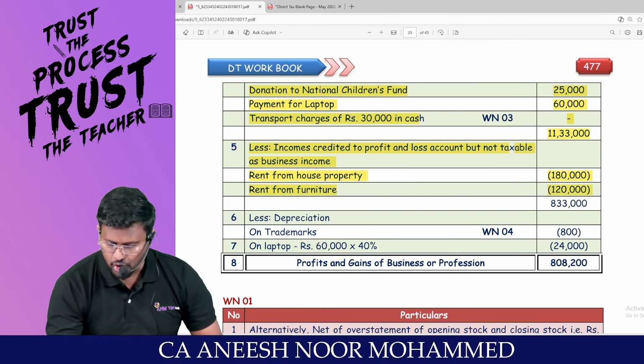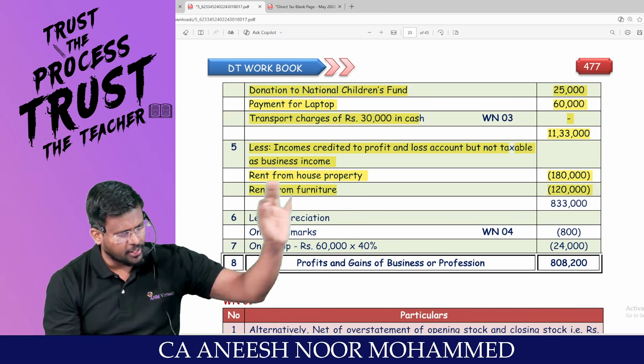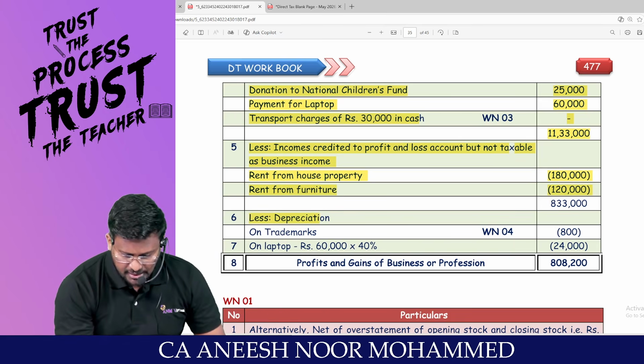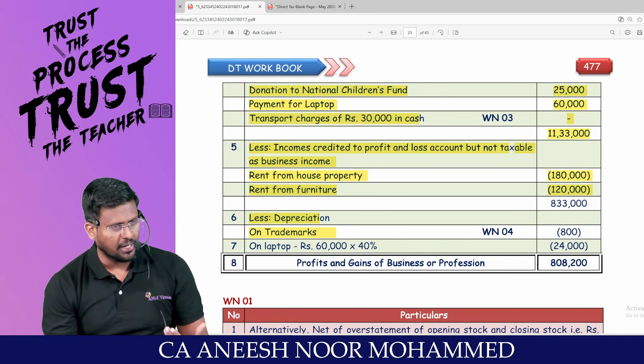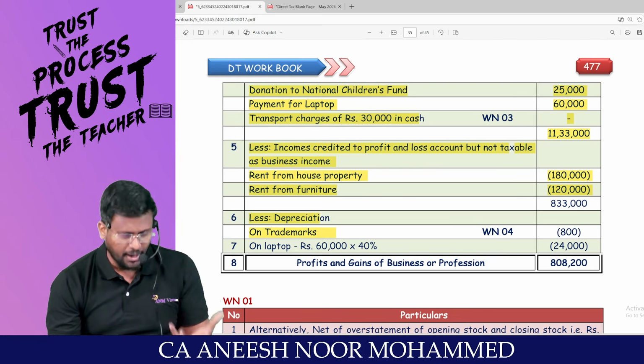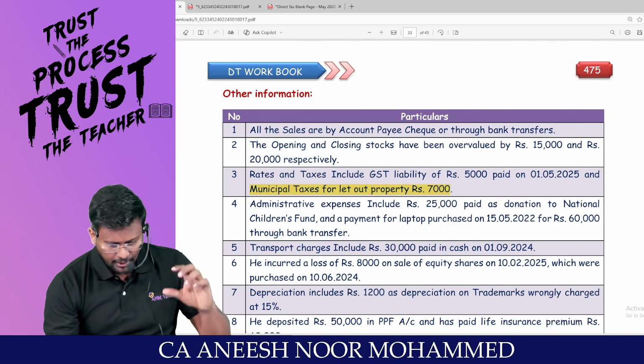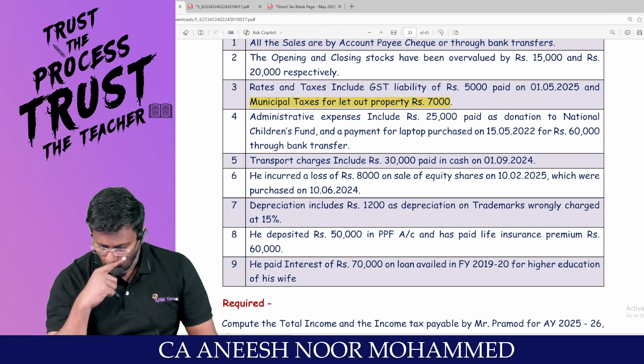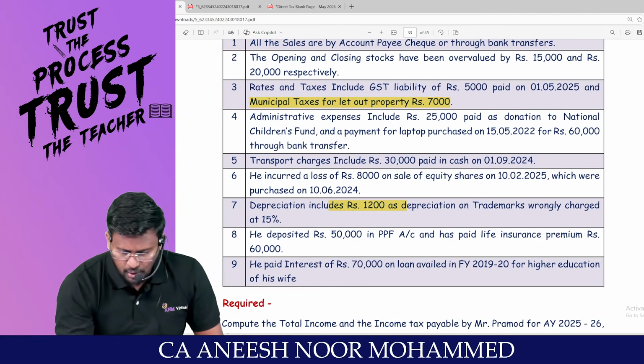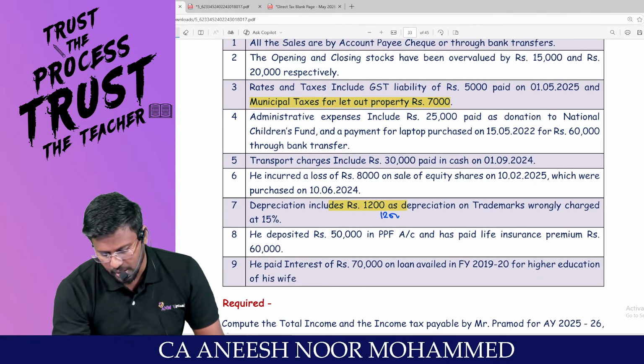Rent from furniture should be deducted from PGBP and should be included in IFOS. Less depreciation on trademark. Actually, they should have given depreciation at the rate of 25%, but they have provided only 15%, so 10% short. Am I right? What is that? So this 1,200 rupees is 15%. Calculator.